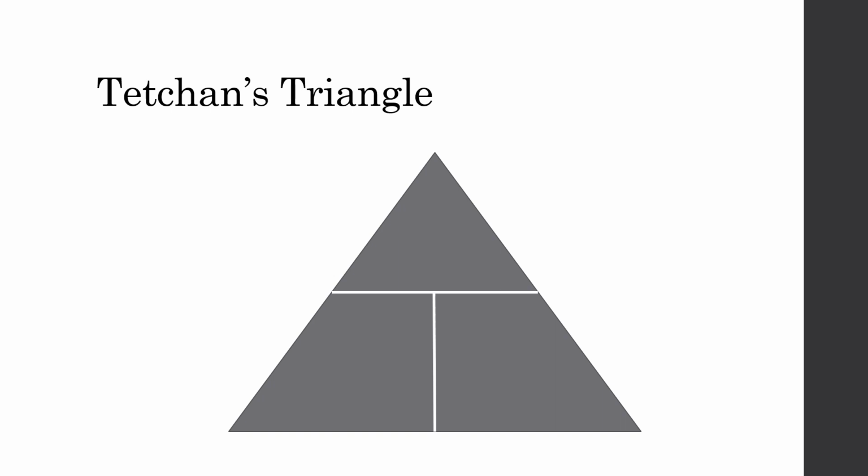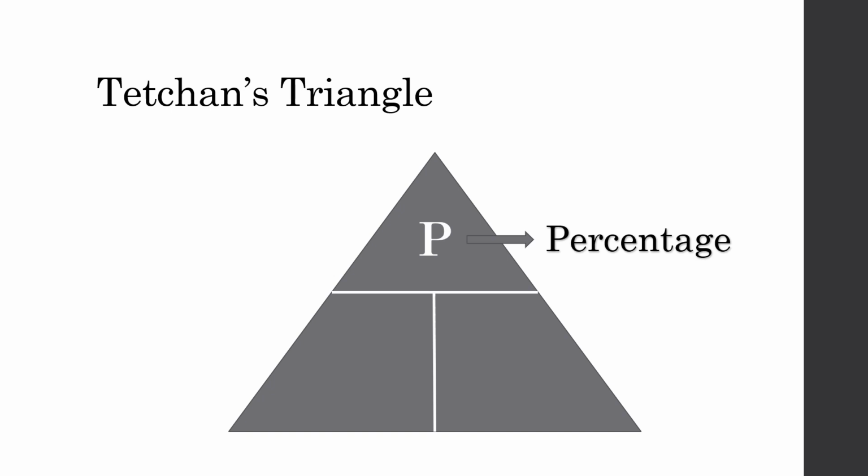Ganito po yun. Yan, kita nyo. Yung triangle, hinati sa tatlong bahagi. So, on top of the triangle, nandoon yung P, which stands for percentage. Sa Tagalog, yung P, percentage, bahagi ng isang buo.